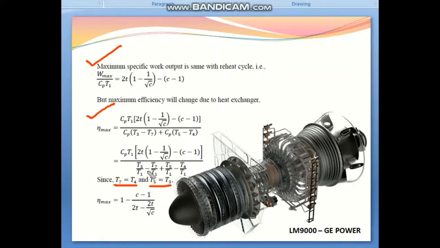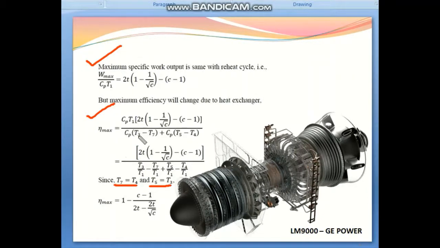Now we are dividing this temperature. Here the Cp cancels out. So T3 by T1: we are going to divide this denominator by T1.